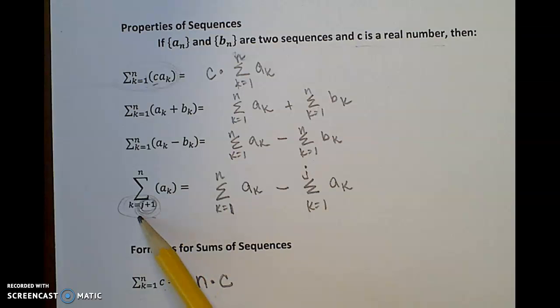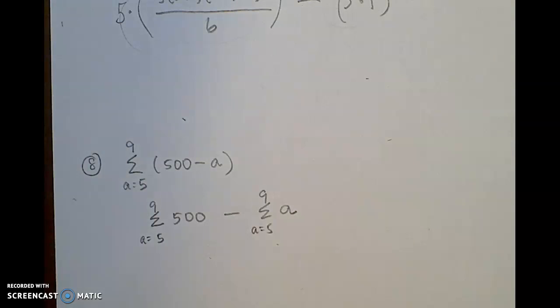We have to figure out what our j value is so that we can set up that summation in this way. I'm going to be using this predominantly throughout this particular example, so you might want to have this next to you so you can see where everything's coming from.